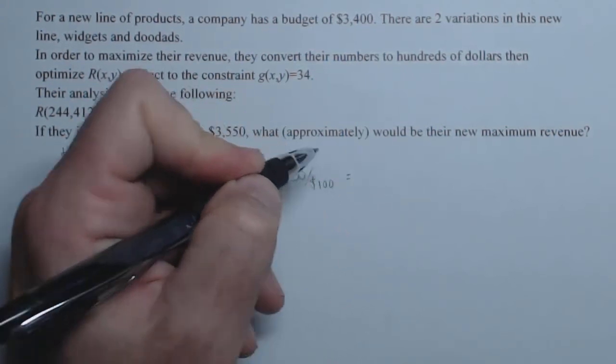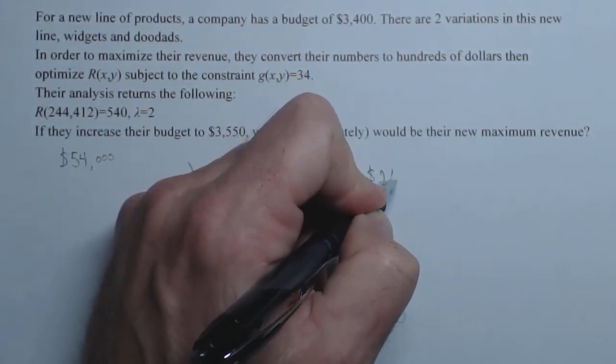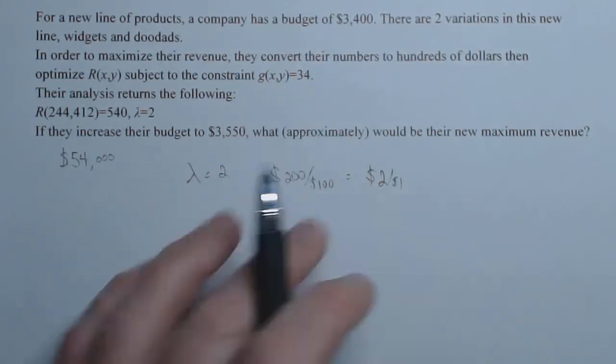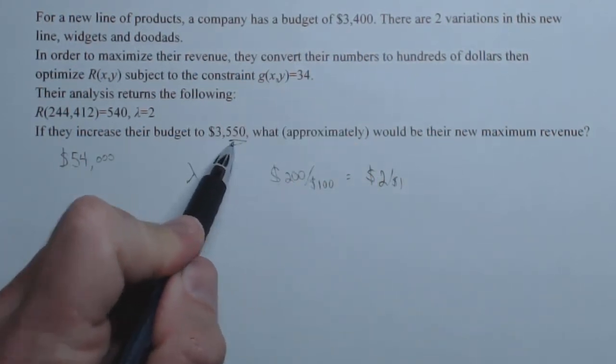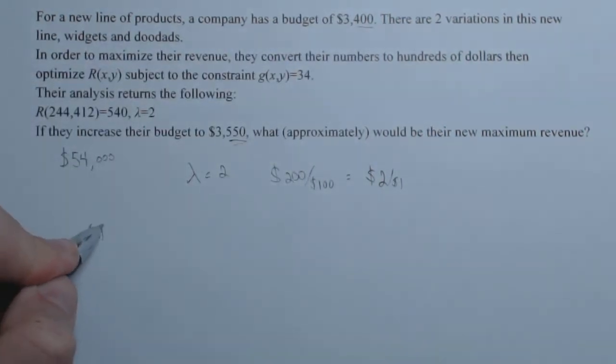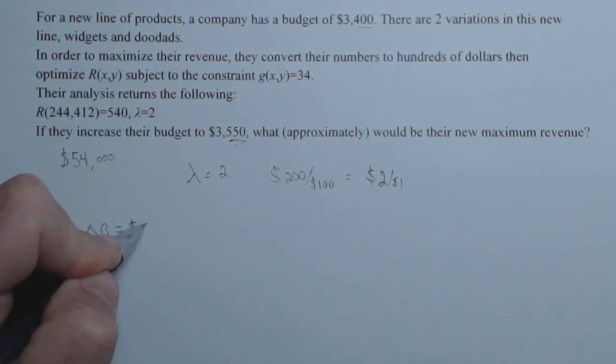Or we could actually do this as $2 per dollar, which actually makes it very easy to use, because right here, look at what they're increasing their budget by. They've got a change in their budget of $150.